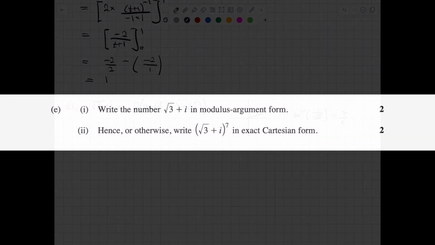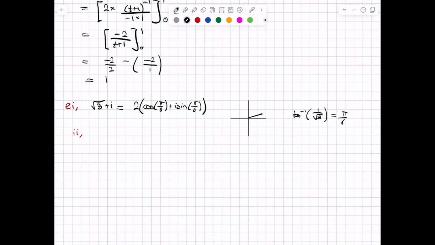Now the next part says, hence or otherwise, write root 3 plus i to the 7 in exact Cartesian form. So I want to raise this number, root 3 plus i, to the power 7. So that's the same as raising 2 cos pi on 6 plus i sine pi on 6 all to the power 7.